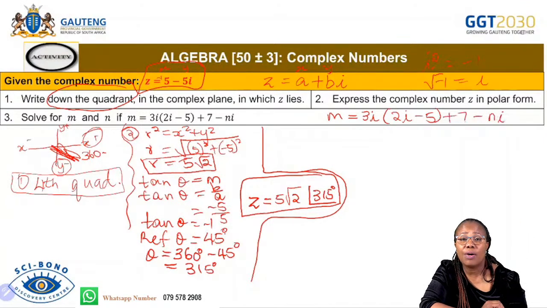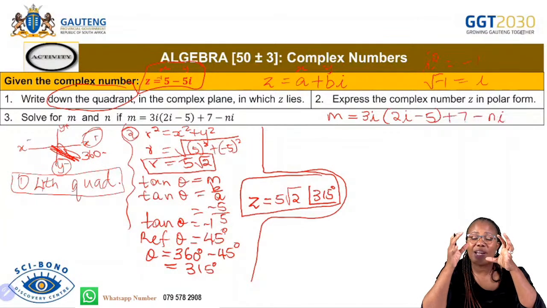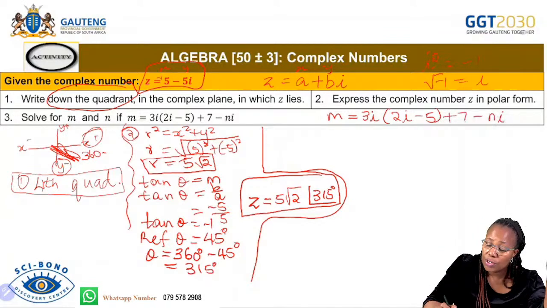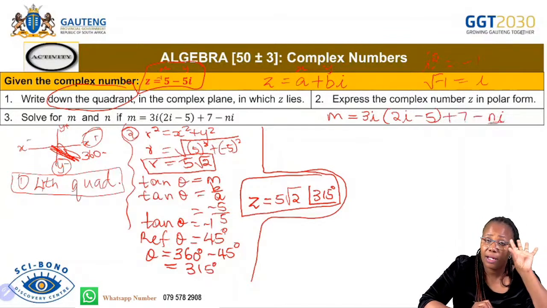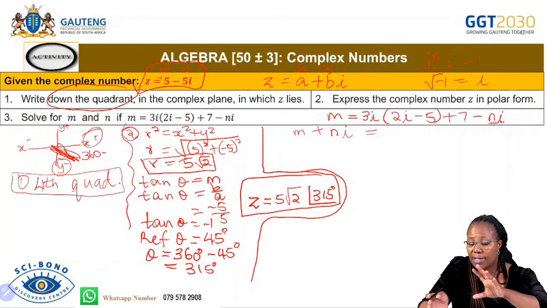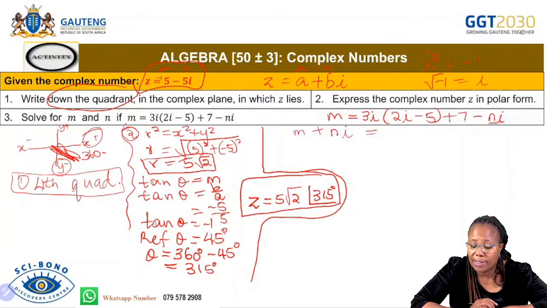Okay, as you can see now, we are having a bracket that is disturbing us. Number 1, grade 12, you must take the unknown except i. If you have another letter except i, you take everything with letters to the left-hand side. So you are going to transpose this minus ni and join m on the left there. Then it will be m plus ni. Unknowns on the left. On the right hand side, then we'll deal with what is remaining here.